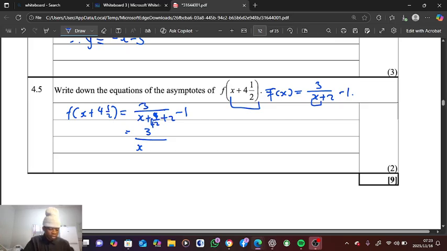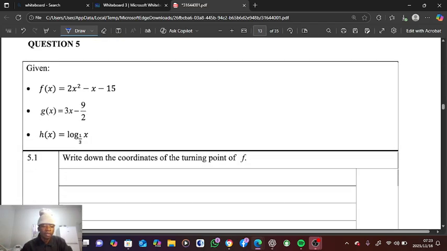So we're going to say the mixed fraction of 4 and a half plus 2 is going to give us positive 13 over 2, minus 1. Therefore, you see that our p is now 13 over 2, and our q is negative 1. Therefore, we are done with 4.5.